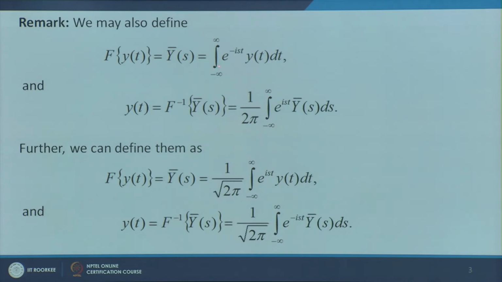Now some authors define the Fourier transform of ψ(t), which we are denoting by ψ bar(s), as also integral over minus infinity to infinity e to the power minus i s t ψ(t) dt, but then the inverse Fourier transform will be given by 1 over 2π integral over minus infinity to infinity e to the power i s t ψ bar(s) ds. So there is no harm, we can also use this formula.